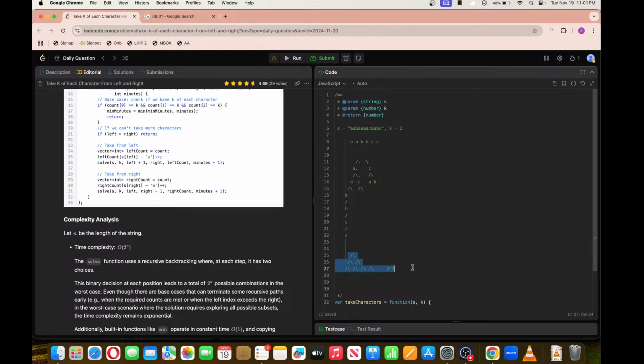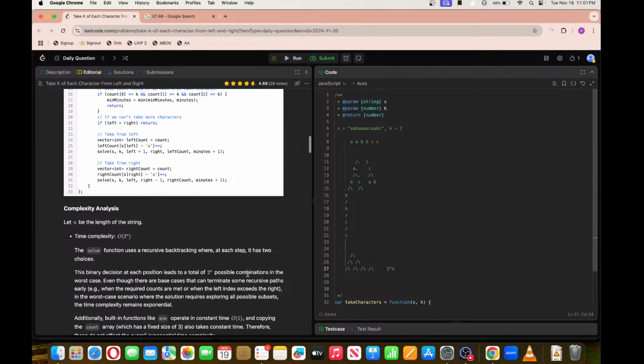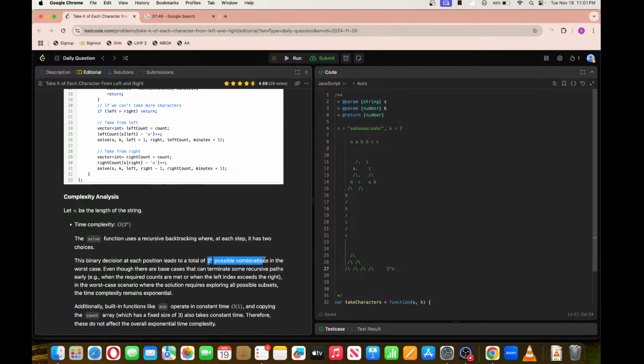So that is why it will be 2 to the power n. So a binary decision at each position leads to 2 to the power n possible combinations in the worst case. Even though there are base cases that can terminate some recursive paths, in the worst case it will lead to 2 to the power n possible paths. So that is why this is too much time complexity.